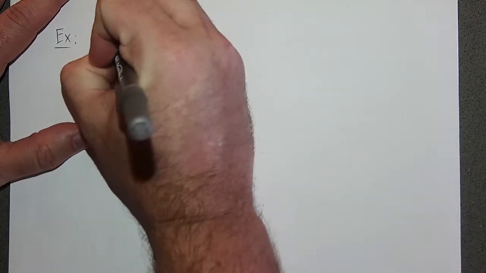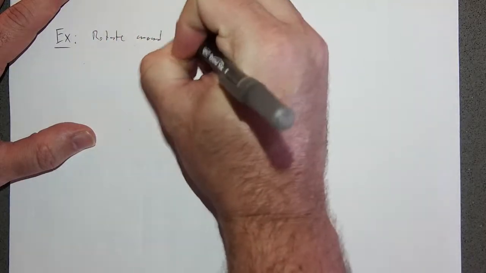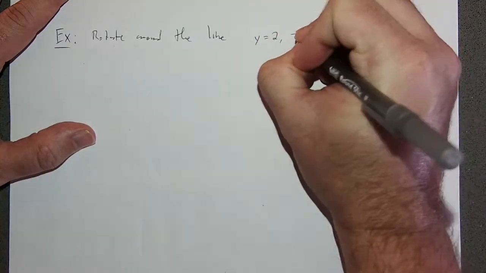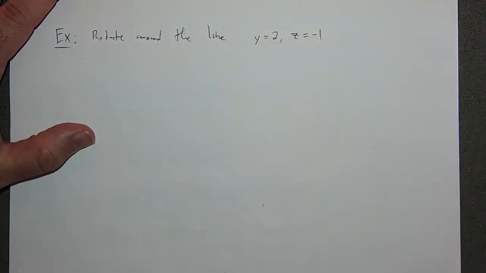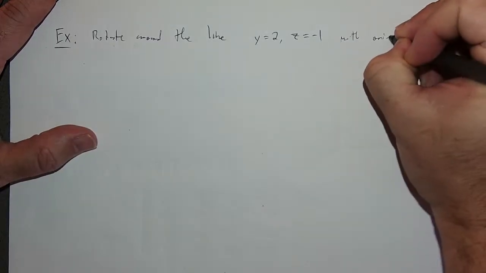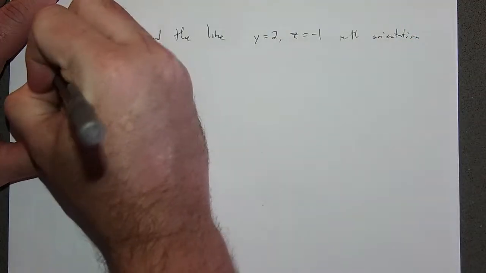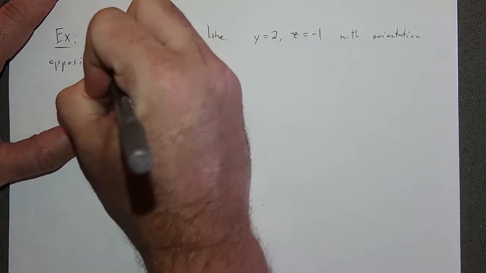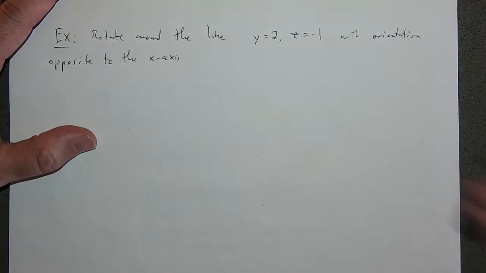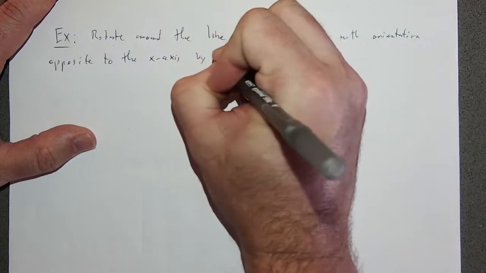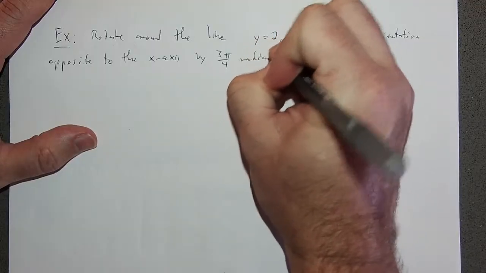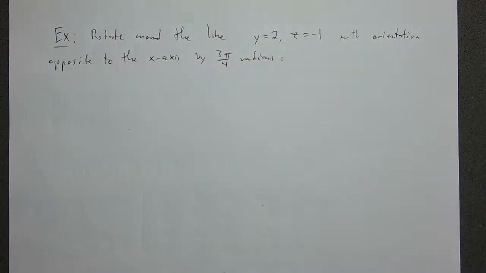So rotate around the line y equals 2, z equals -1, with orientation opposite to the x-axis, by 3 pi over 4. The question is, what do we do now?